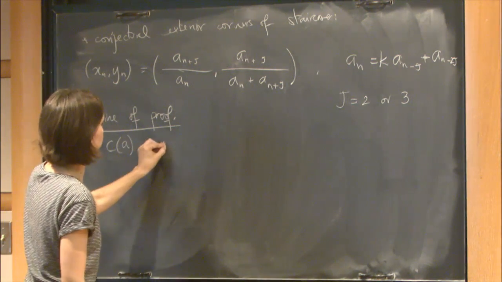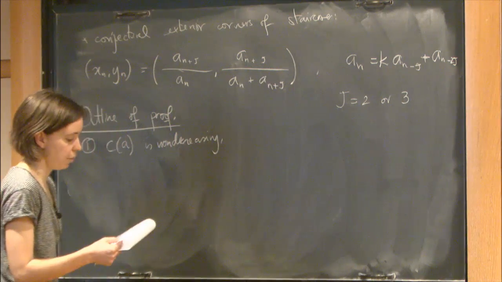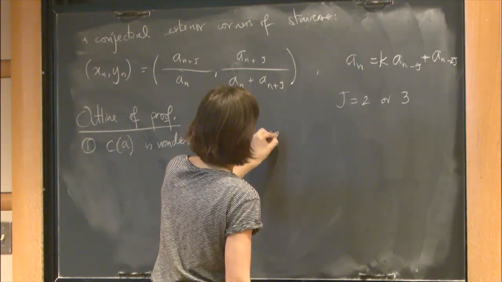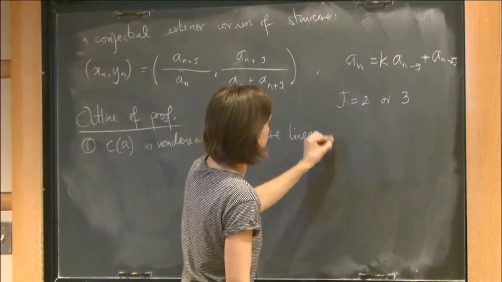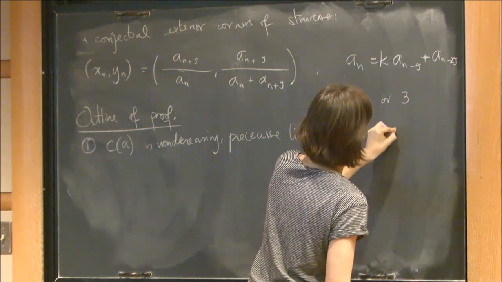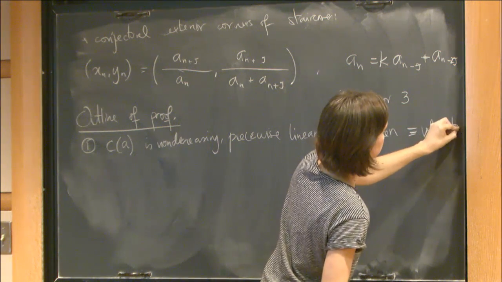It's non-decreasing, fine. It is piecewise linear except when equal to the volume constraint.